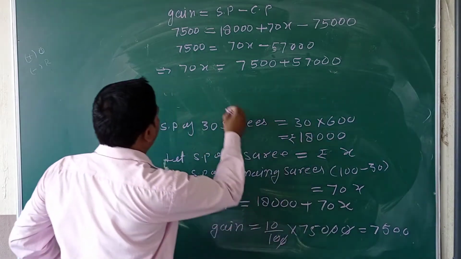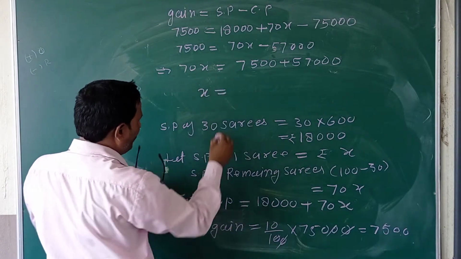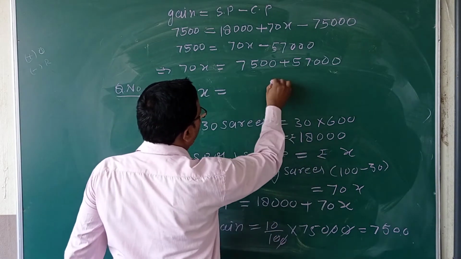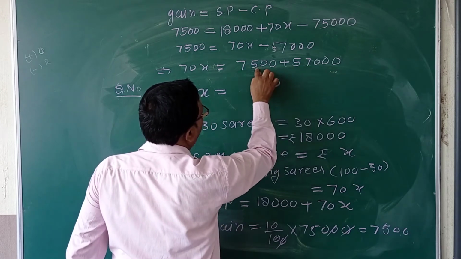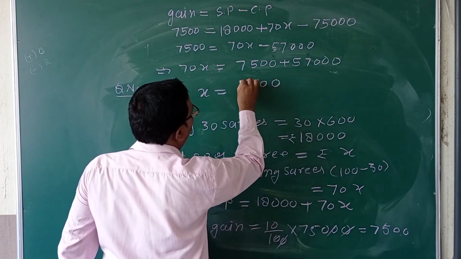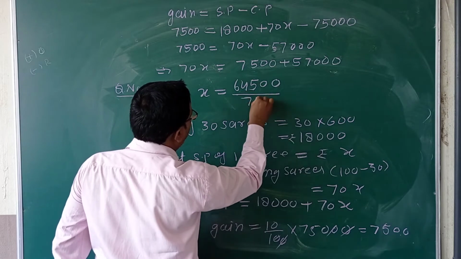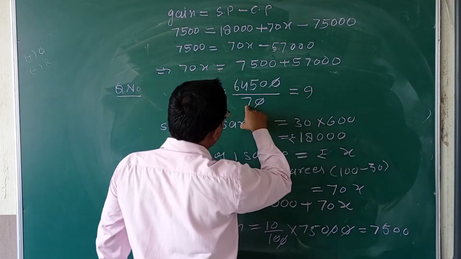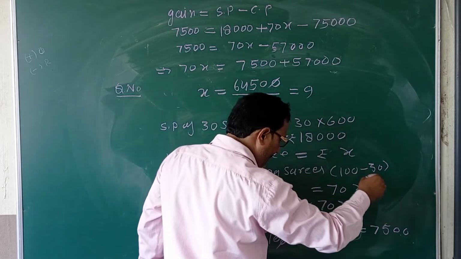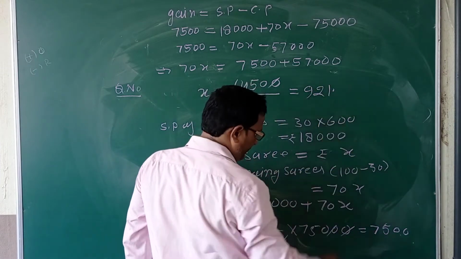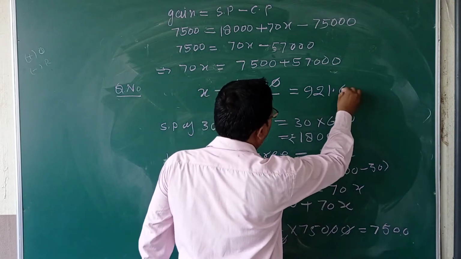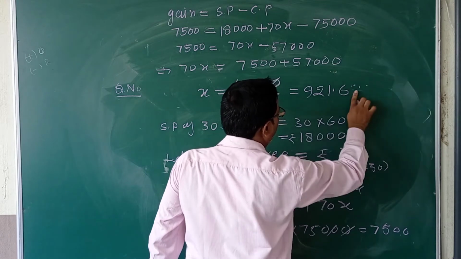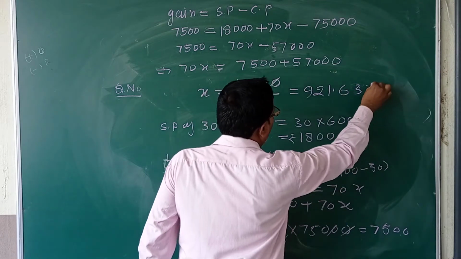Now x is equal to the simplified value divided by 70. When you simplify, you will get about 921.63 rupees.